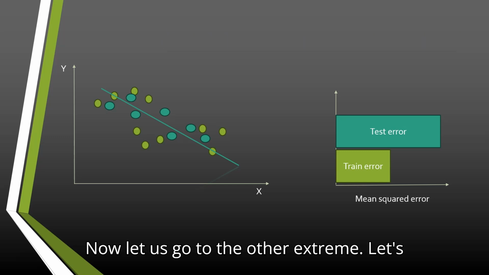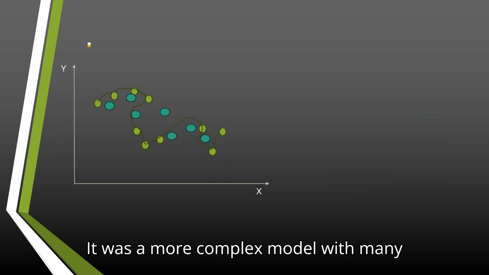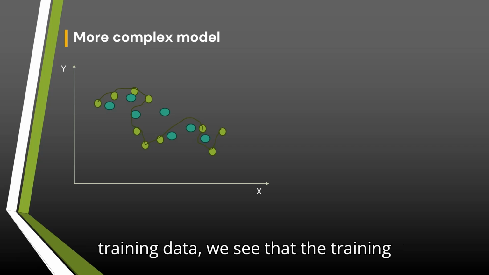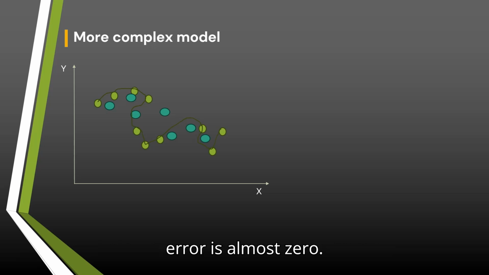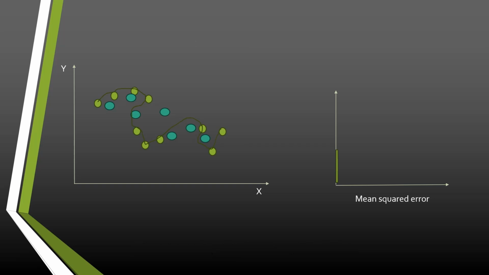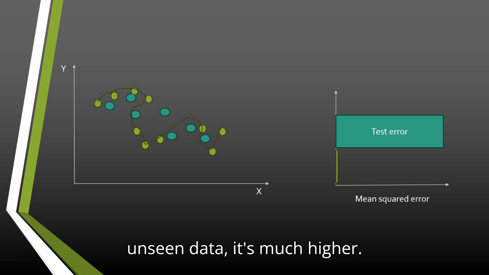Now let us go to the other extreme. Let's say we choose a more complex model with many parameters. When we train it on the training data, we see that the training error is almost zero. Awesome, right? But hold on. When we check the test error on the unseen data, it's much higher. What just happened?